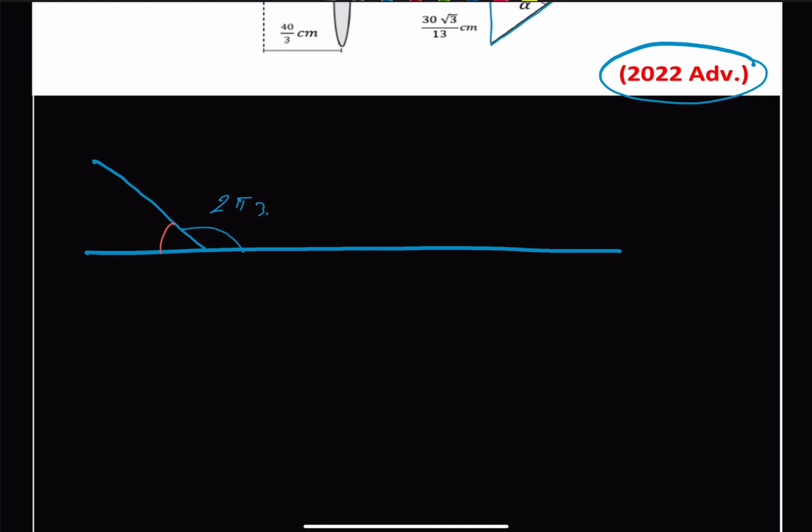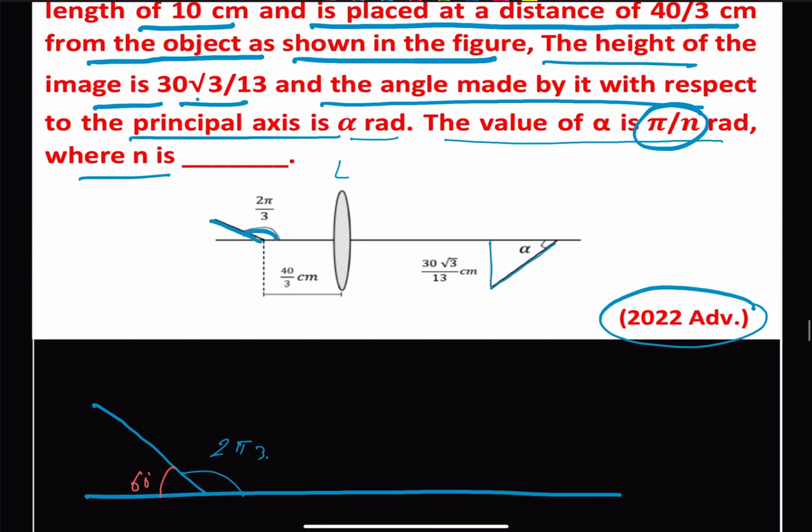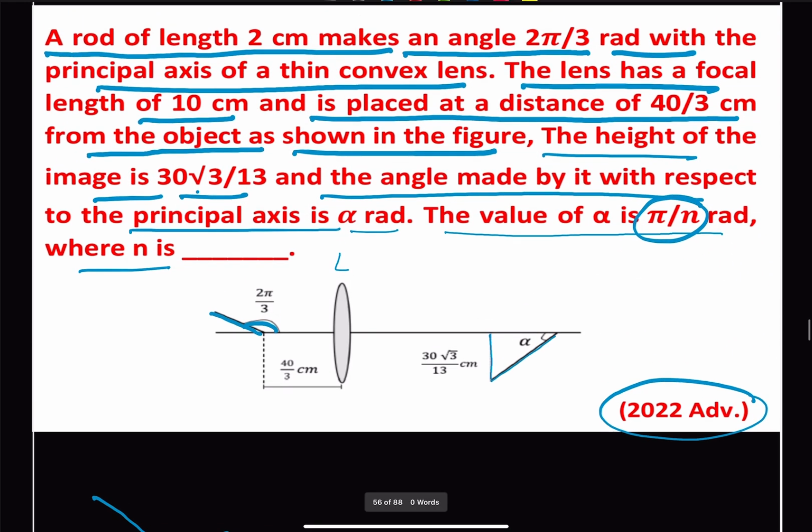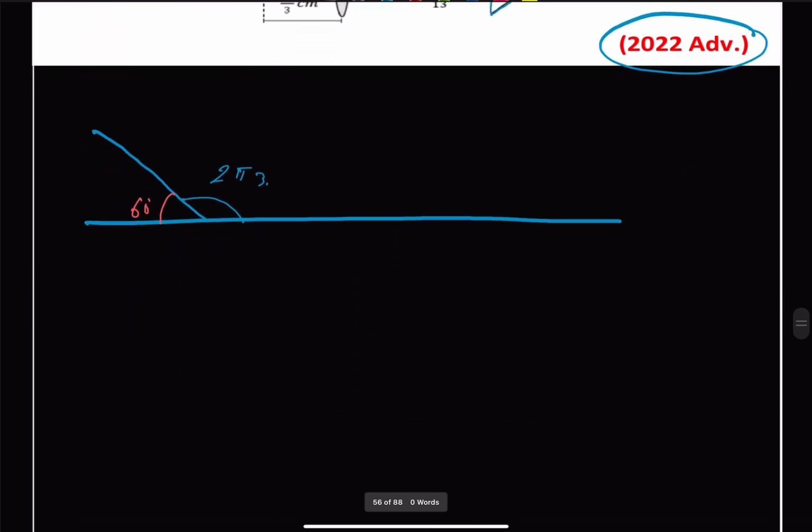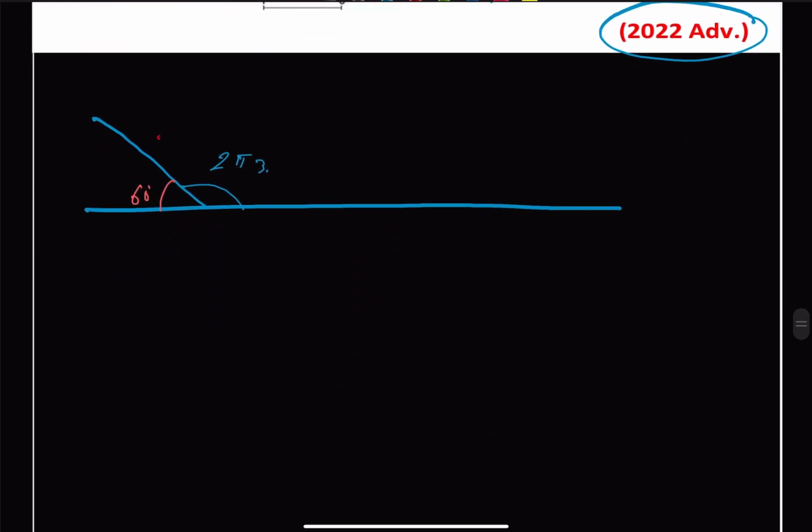This angle will be 60 degree. And we are given that the length of the rod is 2 centimeter. So this rod is 2 centimeter. So we can find out the height of the top of this rod with respect to the principal axis, and that will come out as square root of 3.